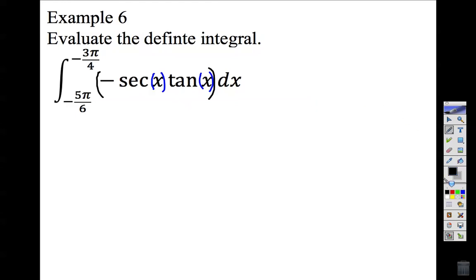A while back ago, you should have learned that you are able to find the antiderivative secant of x, tangent of x is one of the properties. If you don't remember that property, that's fine.